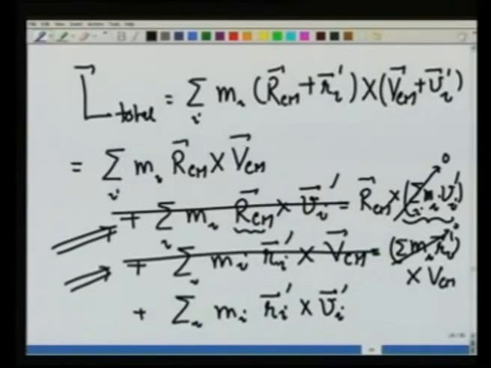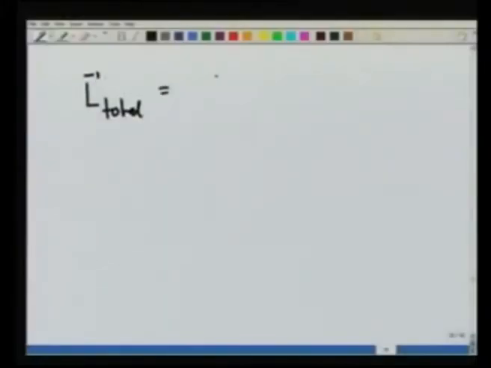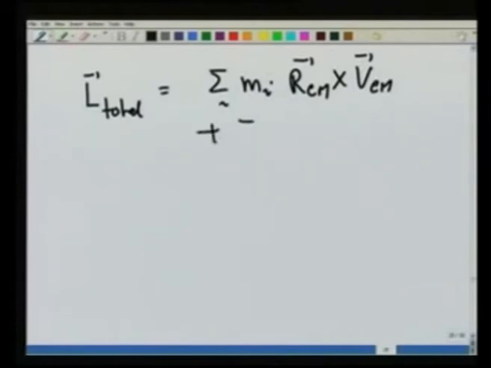What I am left with is therefore that L total is equal to summation i m_i r_CM cross V_CM plus summation i m_i r_i prime cross V_i prime.